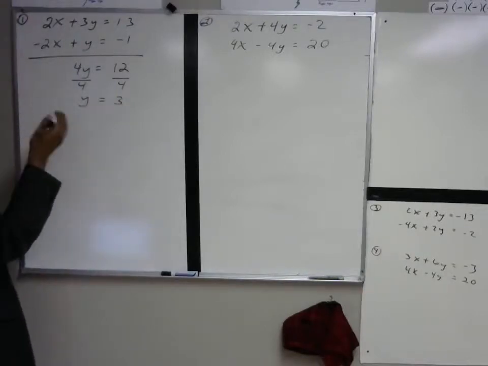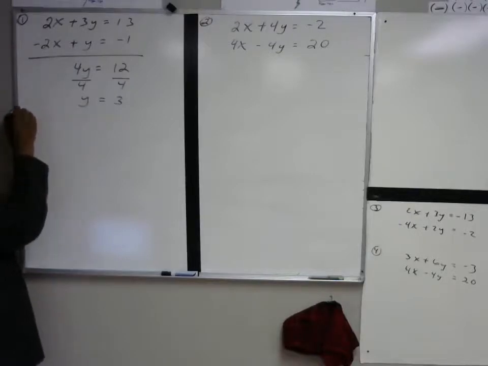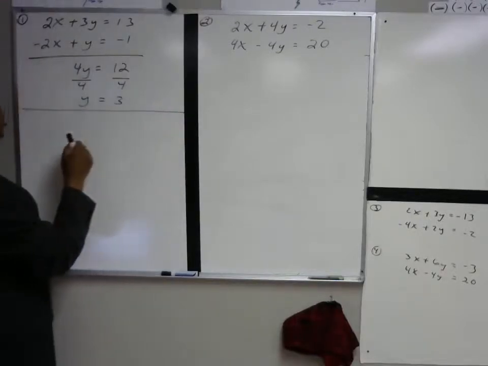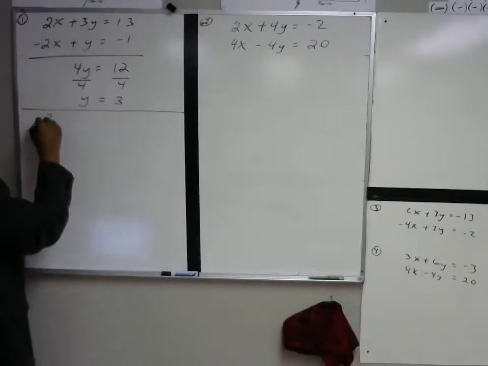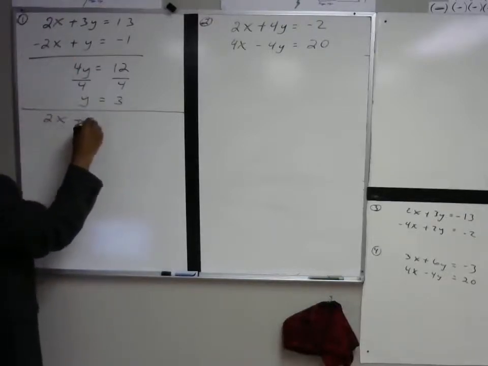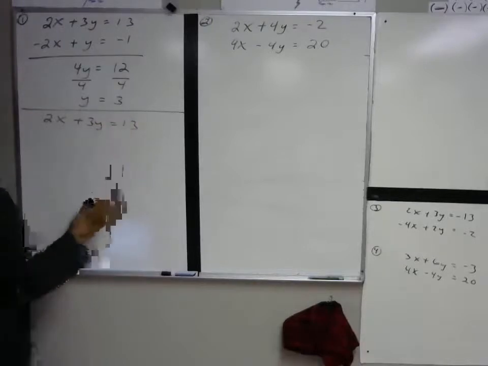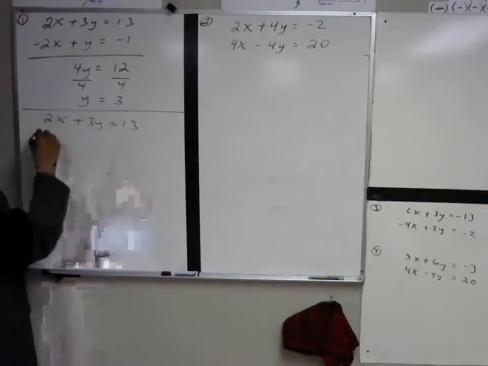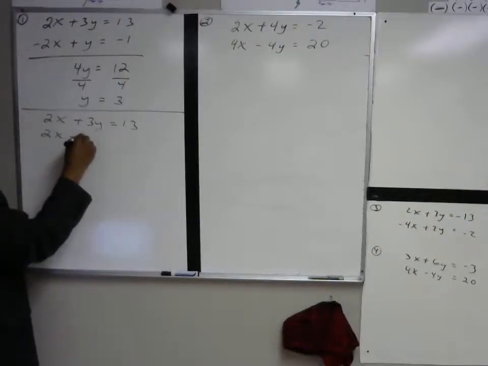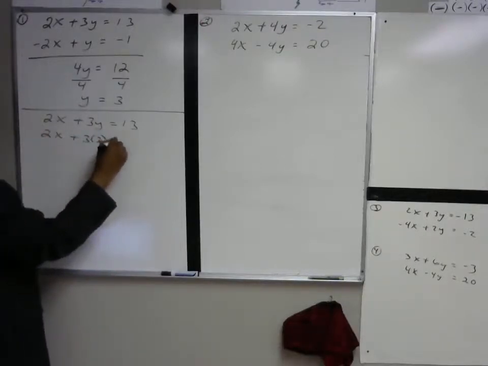Now, to finish this, we're going to use substitution. So let's make a line of demarcation. The equation I'm going to use for substitution will be the first one: 2x plus 3y equals 13. We're going to place the y here with the 3. So this becomes 2x plus 3 times 3 equals 13.